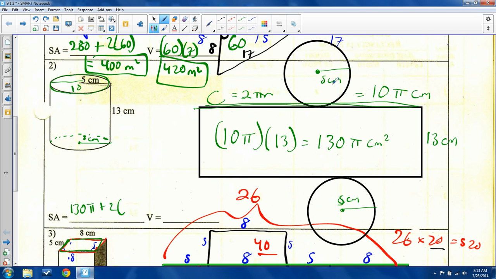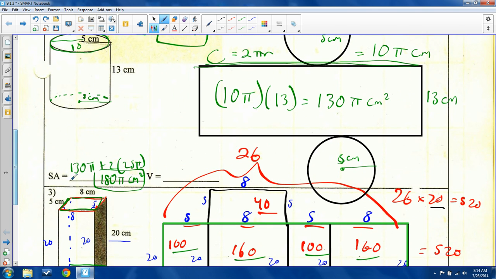Area of this base is pi r squared. So pi times 5 squared. 5 squared is 25, so that's 25 pi square centimeters, by the way. 2 times 25 pi is 50 pi. 130 pi plus 50 pi is 180 pi square centimeters.